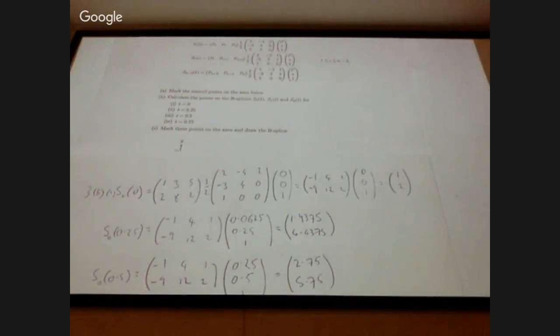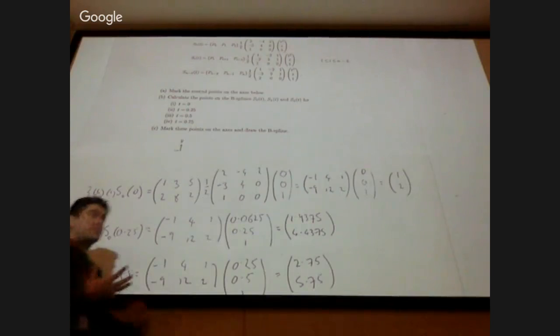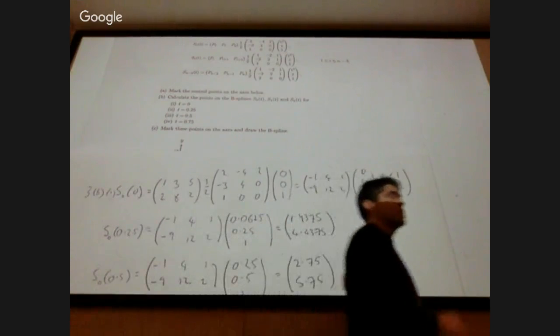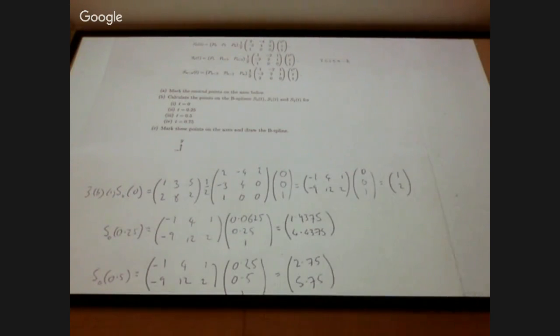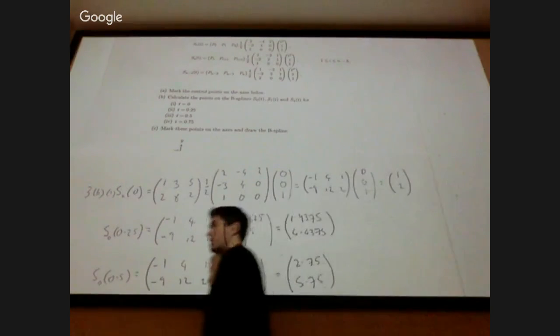So whilst the derivation of these is actually quite involved, if we've got them in matrix form, when it comes to calculating them, it's just multiply some matrices together, apply your control points, and just do the calculation.